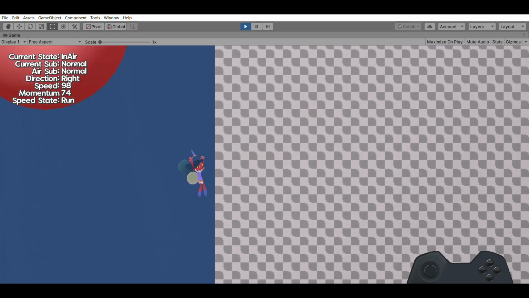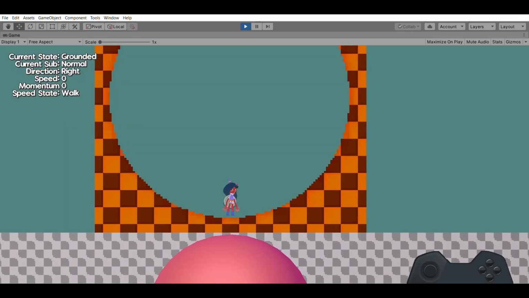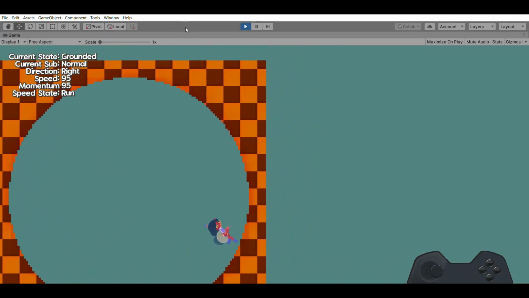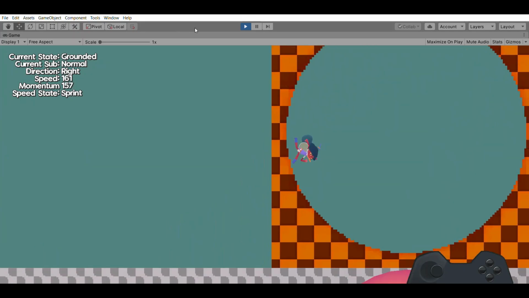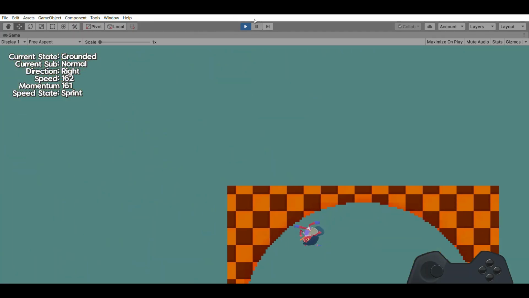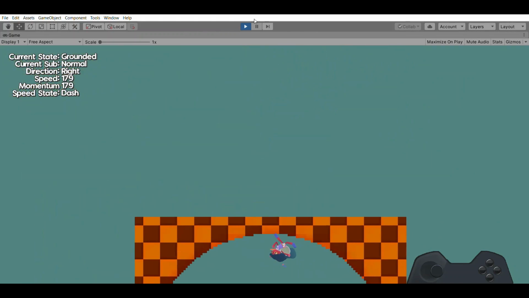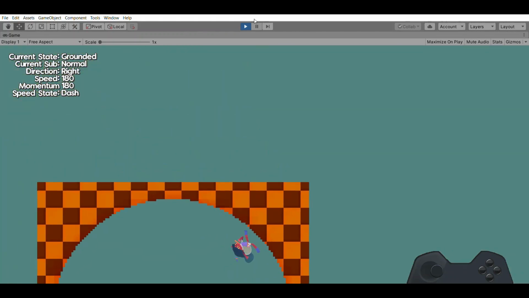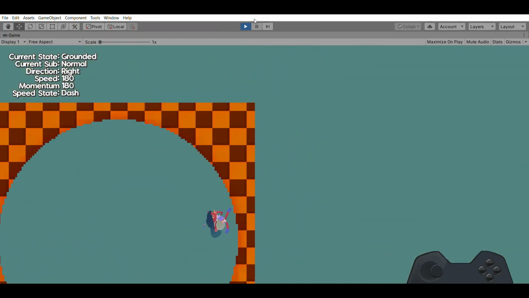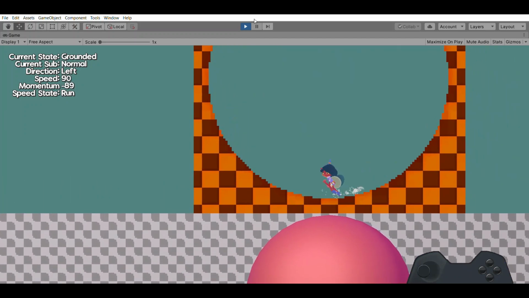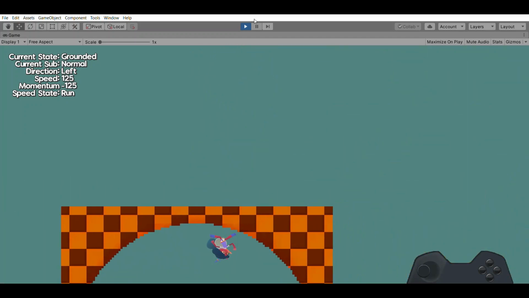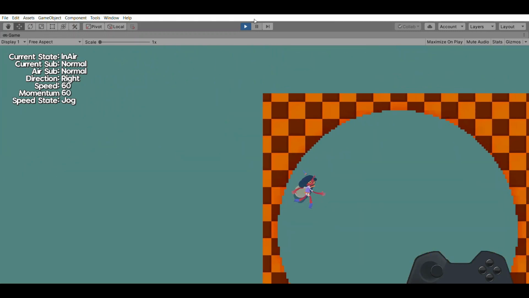If the character is in the air, this is the significantly easier portion. The character will move left or right and up and down by a variant of how much speed the character has. So for example, if they are moving at a speed of 10, they will move a value of 10 multiplied by the delta time on the right direction, so Vector2.right.